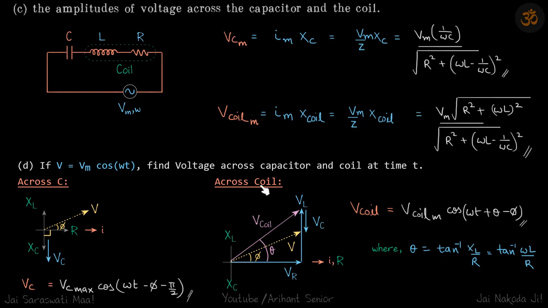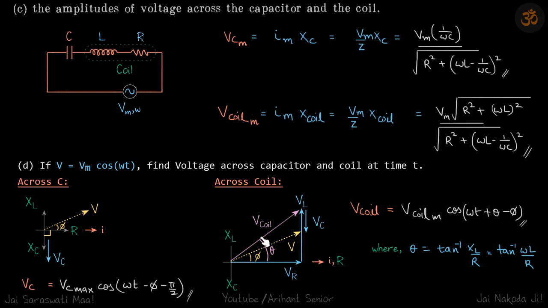Across coil. So again we'll take V, which is at angle phi. Now in coil we have both XL and R. So in our assumption, we have taken this phi we obtained by summing VR, VL and then minus VC. So if we take only VR and VL, that sum will give you V coil.